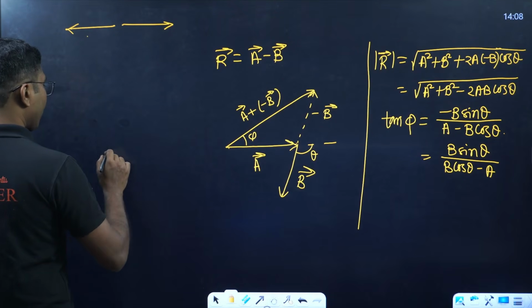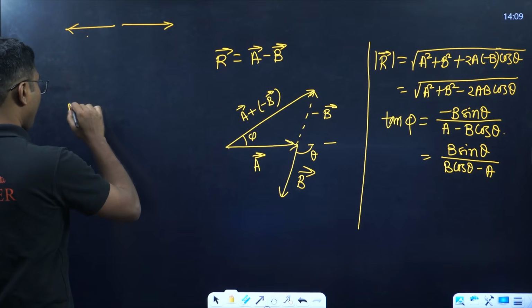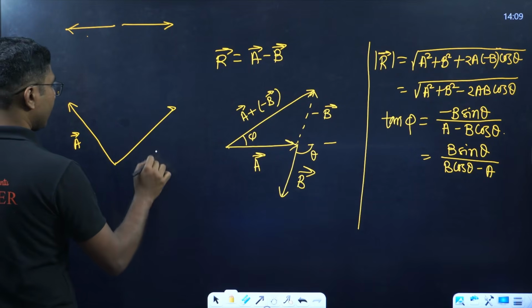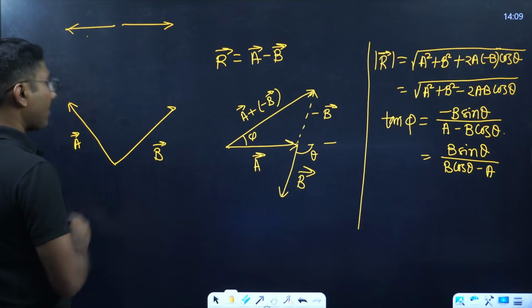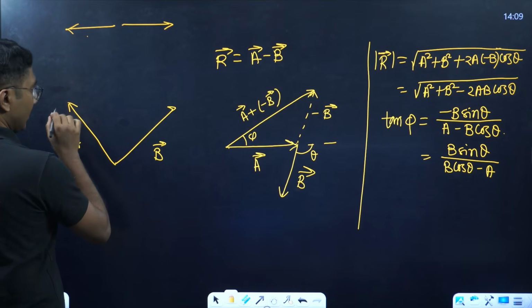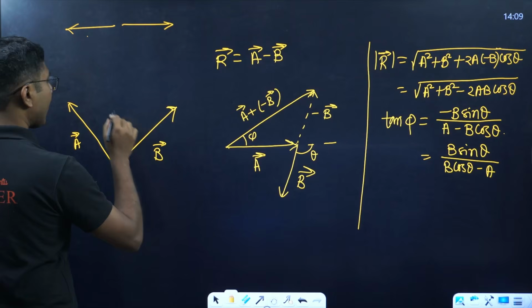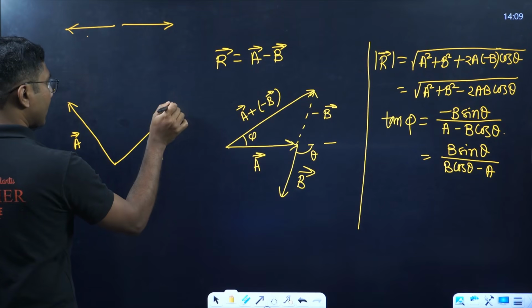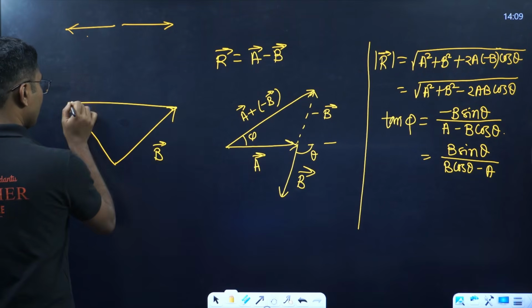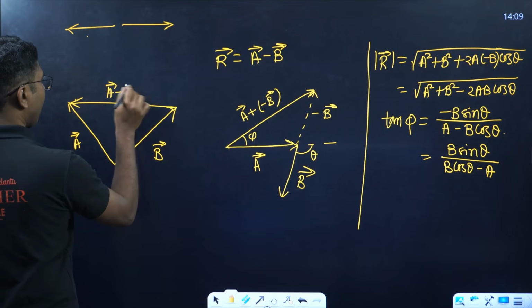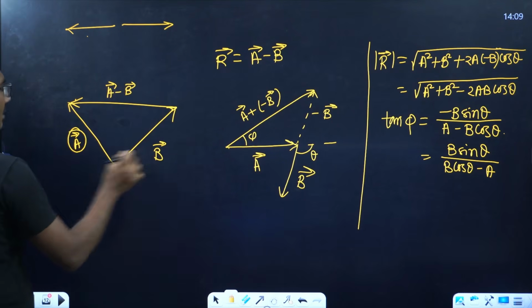There is one more way I'd like to teach you that you can apply. Suppose you have two vectors a and b. Suppose this is a vector, this is b vector. You are trying to find a minus b. You would start with the first vector. So b is minus, so you start at the negative vector. Join this. This will be a minus b. So a is bigger, b is smaller.